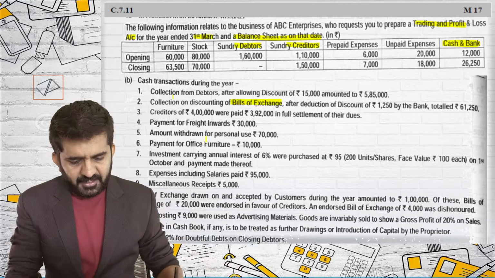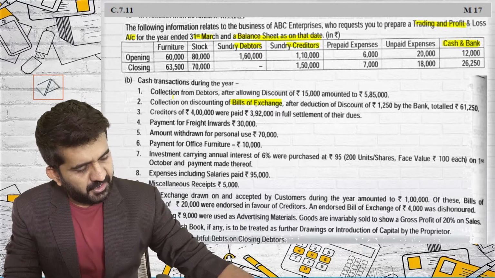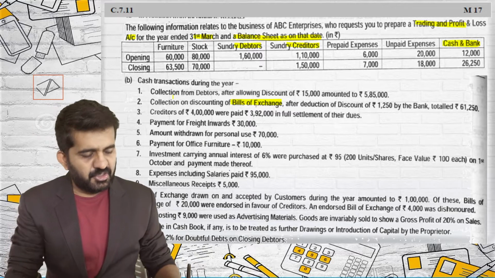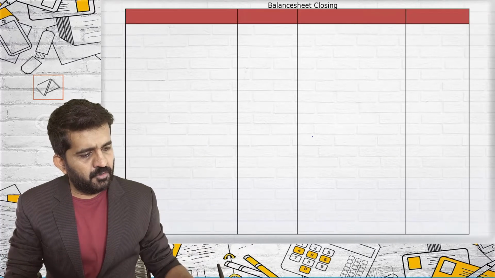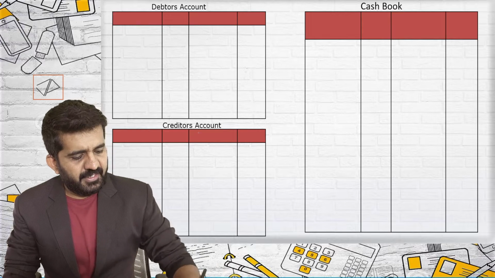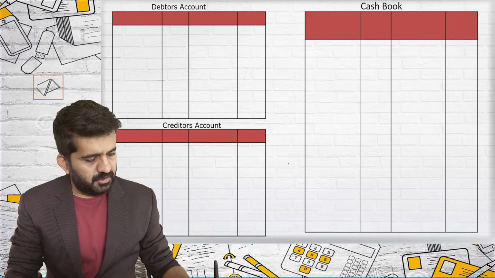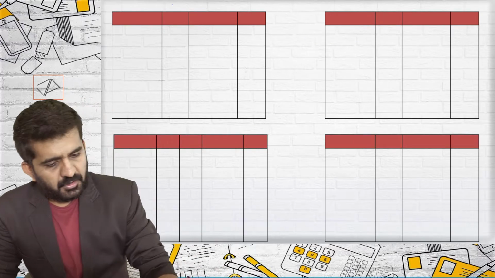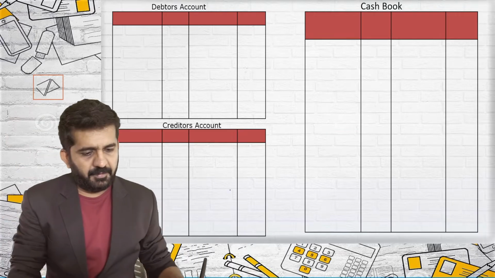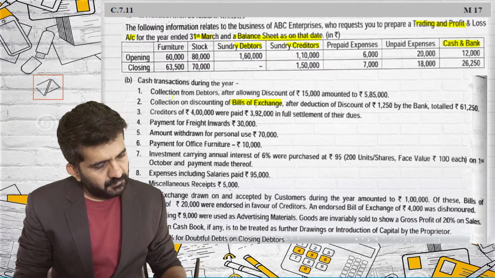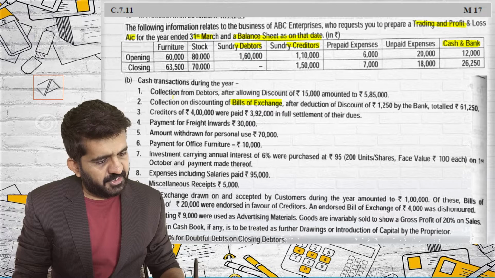So first, let us prepare our basic accounts, that is trading account, profit and loss account, and balance sheet as on the year end. Trading account I have already done. Particulars, profit and loss account, closing balance sheet. Debtors account, creditors account, and cash book are also prepared. Bills receivable account, that we have decided we will be preparing. Debtors, creditors, cash and bank.